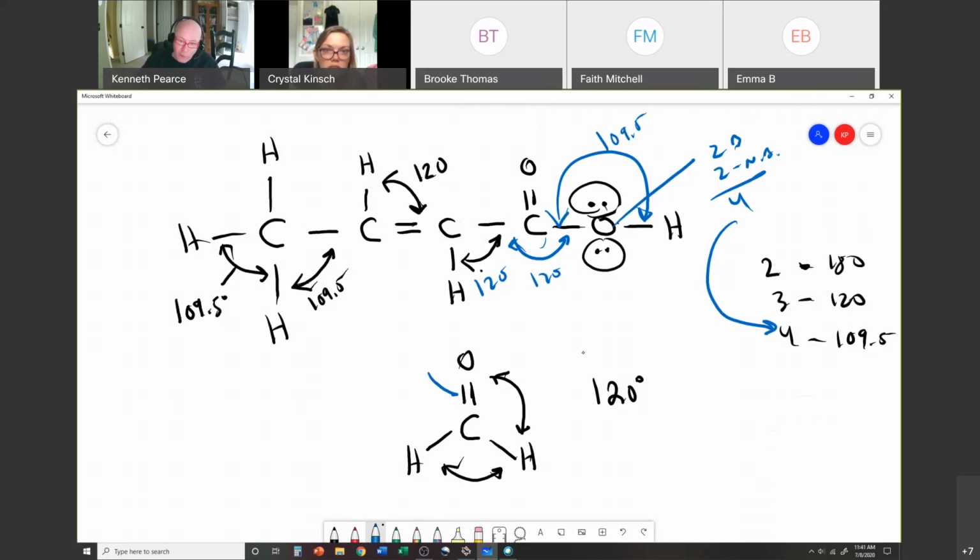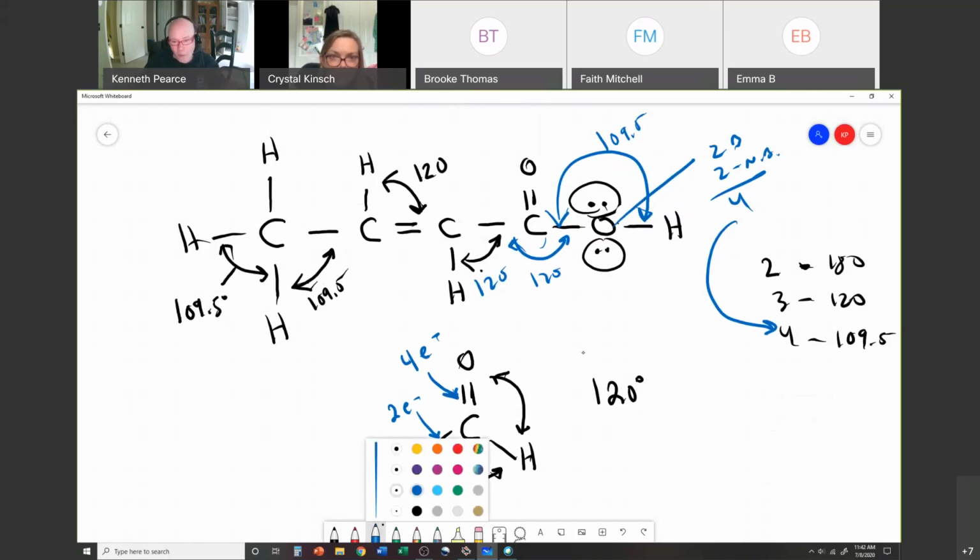Here we have 4 electrons. Here we have 2 electrons. Why did I say 4? Because it's a double bond. Every bond requires 2 electrons. So if you got 2 bonds, that's 4 electrons. The carbon-hydrogen bond is a single bond. How many electrons in each bond? 2 electrons. And we have 2 electrons here as well.